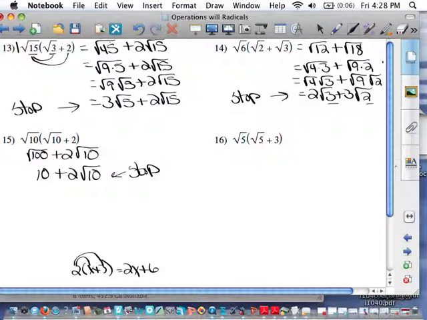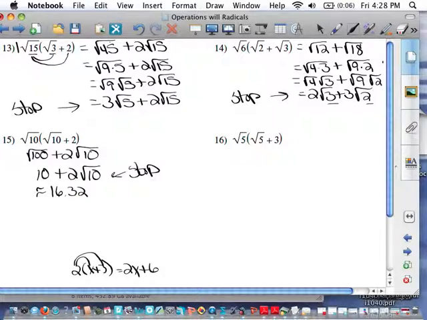entirely different number. In fact, if you take 10 plus, let's do that in our calculator, 10 plus 2 square root of 10, I would get that that's approximately equal to 16.32.